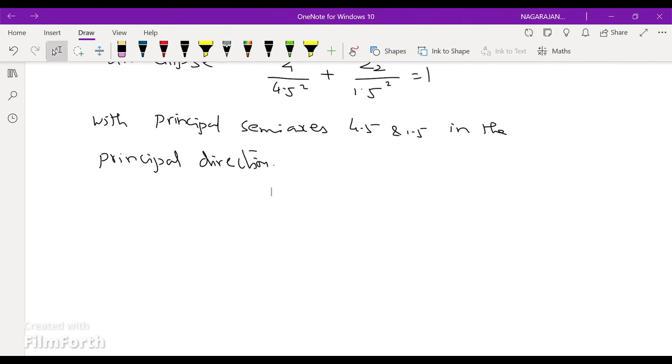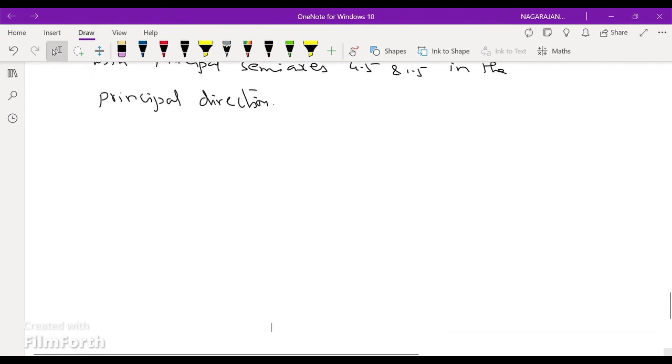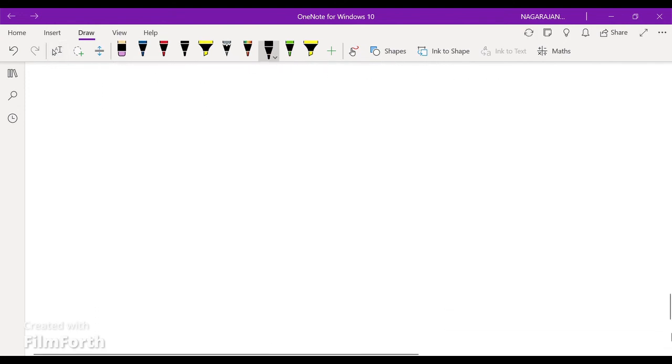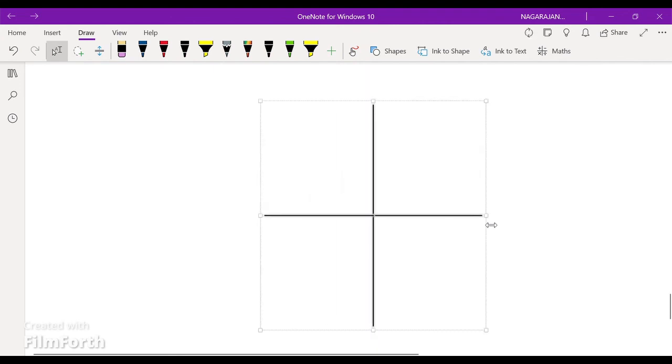The graphical representation: it's a unit circle, x squared plus y squared is equal to 1.